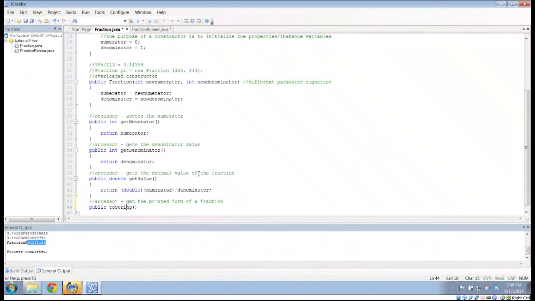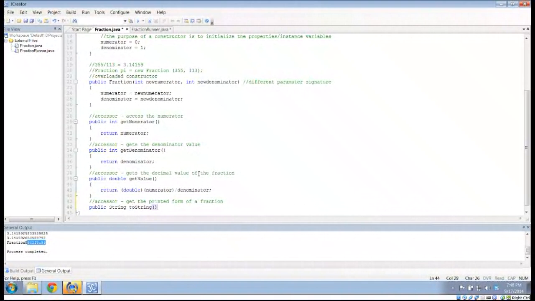And of course, I'm creating a string that represents the fraction, because a fraction has a numerator, and then it has a slash, and then it has a denominator.